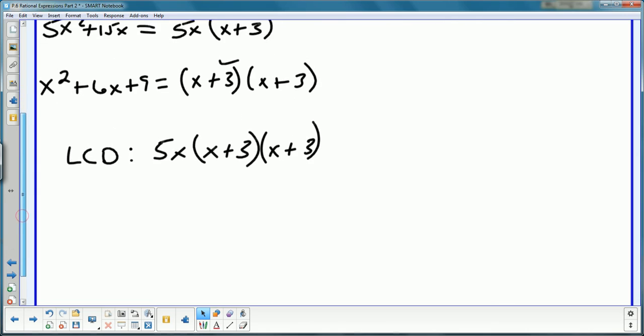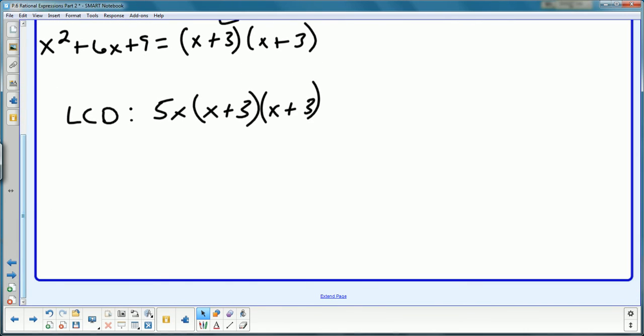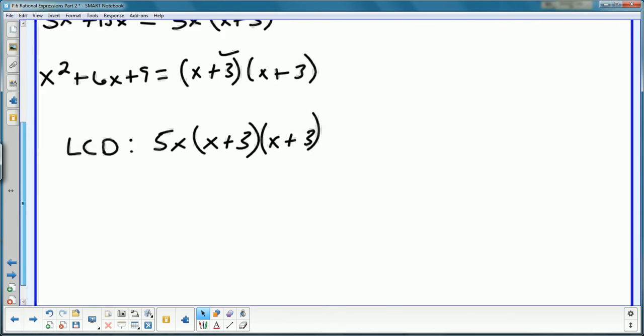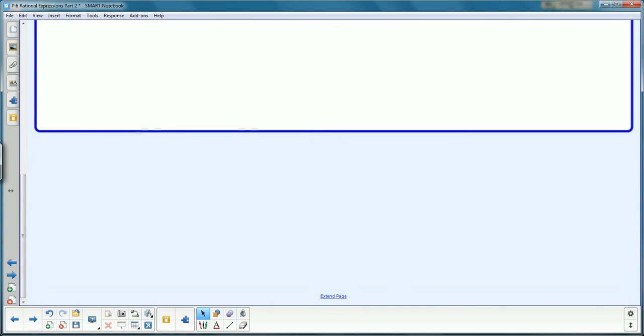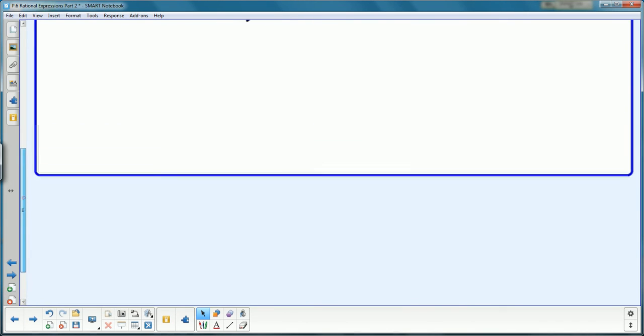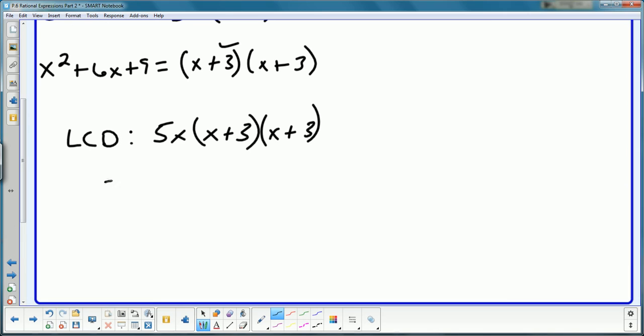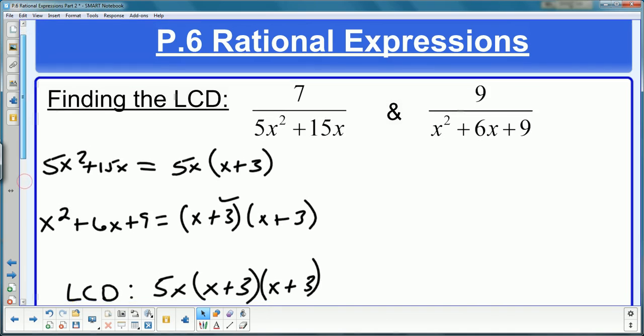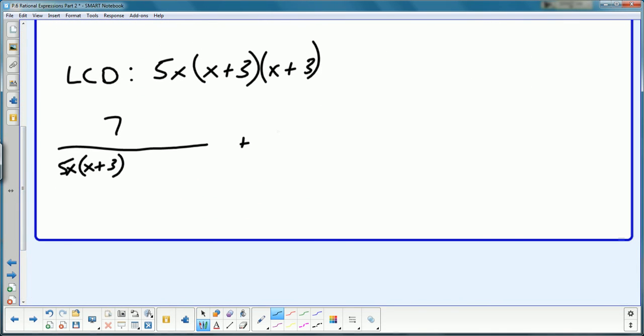What we need then is our other x plus 3. Okay, so now that we've found our lowest common denominator, we need to create fractions that we can find the sum of. We're going to take our first fraction, 7 over, and I'm going to write it in factored form, 5x and x plus 3, plus we're going to have our second one, which is 9 over x plus 3, x plus 3.